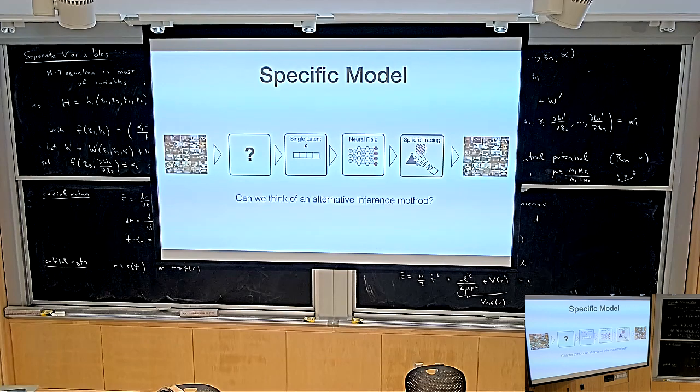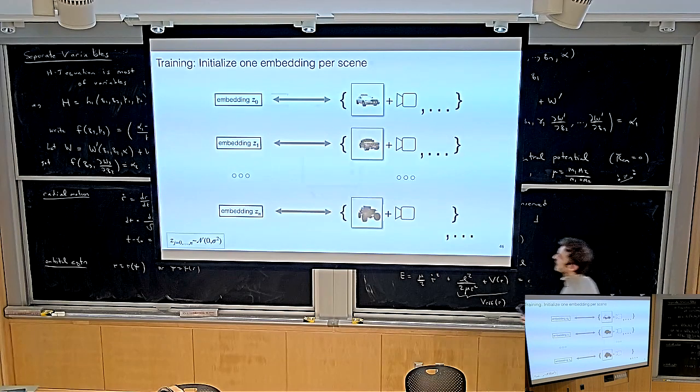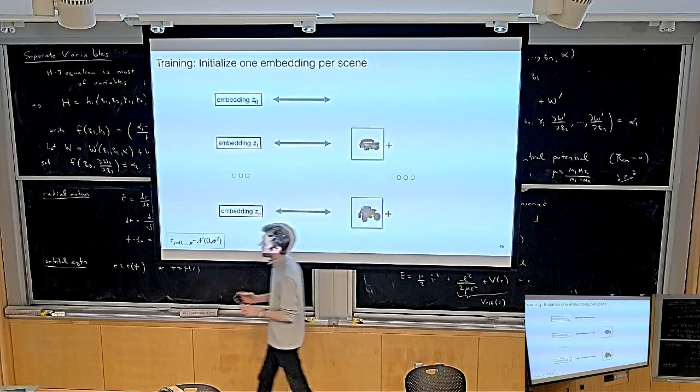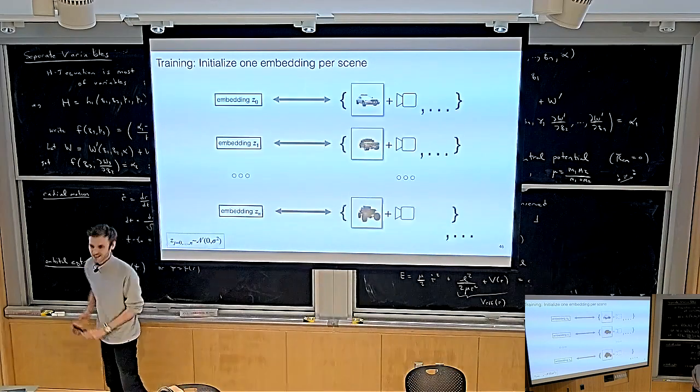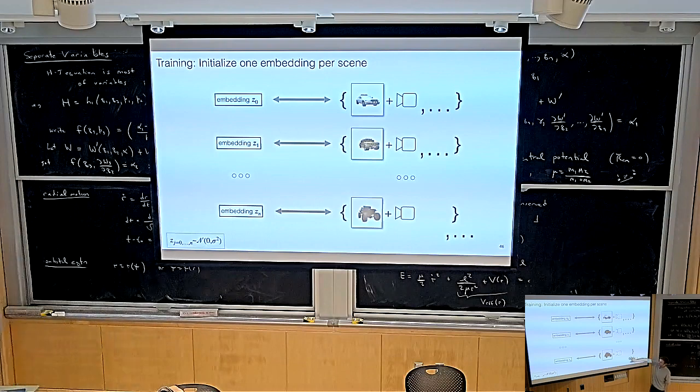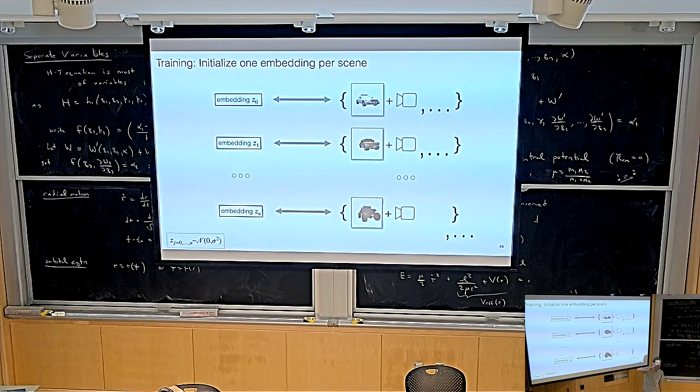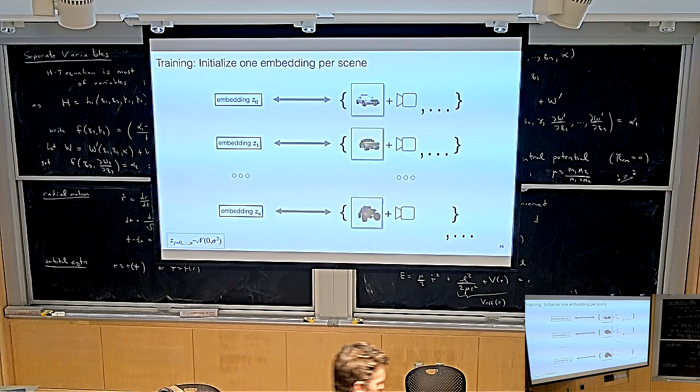Okay, so here's a funny little thing we can do. We can take our training set. Notice that each of these sets here is observations of a single car, right? The top row is this police car, the second row is this other car, okay? So now we're going to do something slightly different.